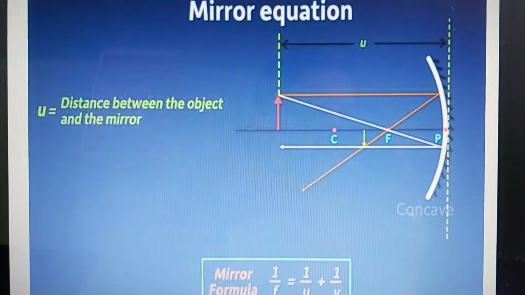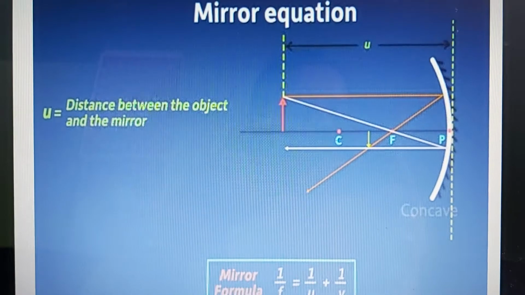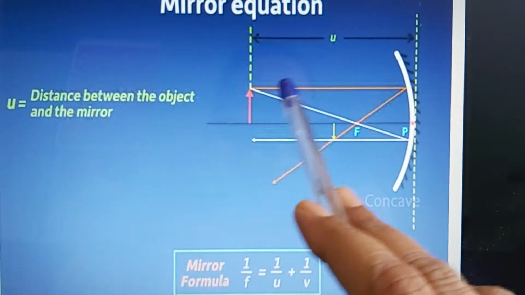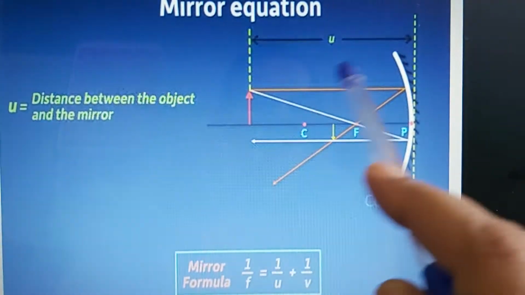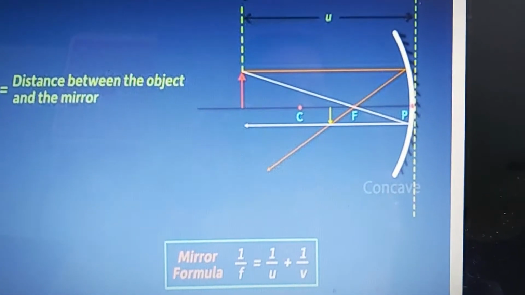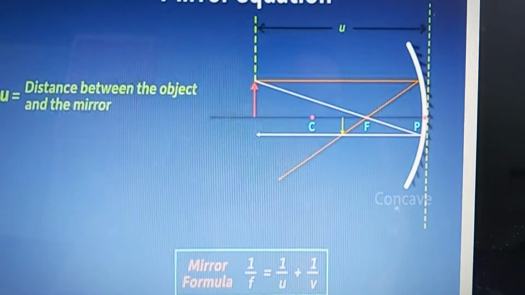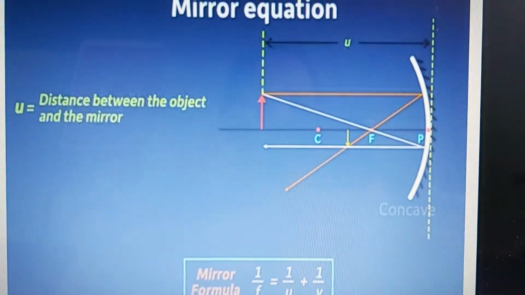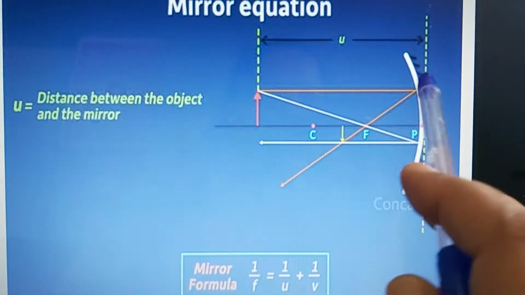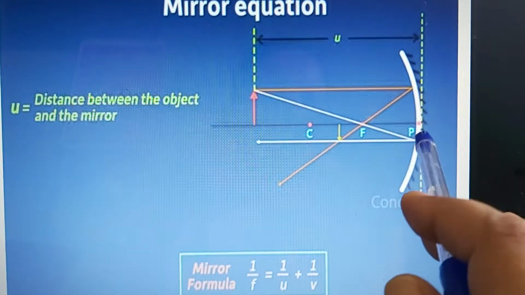In this equation, U is the distance between the object and the mirror. This is the object and this is the mirror, and this is the distance between the object and the mirror.